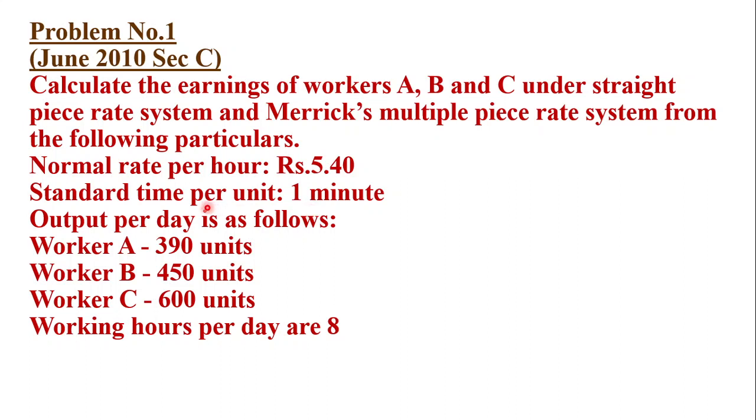Standard time per unit is 1 minute. The standard time has been fixed in the organization, that is they have to produce 1 unit within 1 minute. Output per day is as follows. Here there is information for 3 workers, A, B, C, and each worker's output is given, that is 390, 450, 600 units respectively.